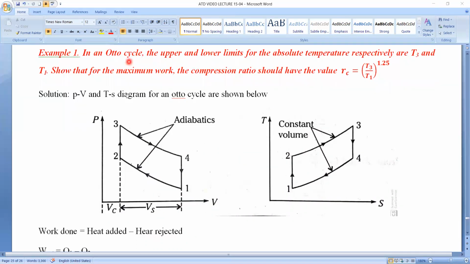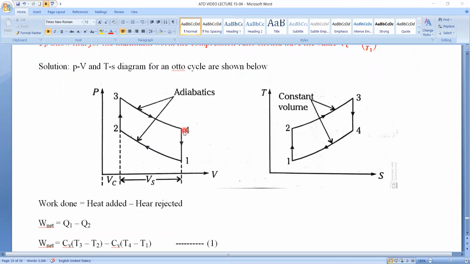For the Otto cycle, the maximum and minimum absolute temperature, that is T3 is the maximum temperature and T1 is the minimum temperature. So for these absolute temperature limits, for the maximum work output, the compression ratio should be rc equals (T3 by T1) raised to 1.25.